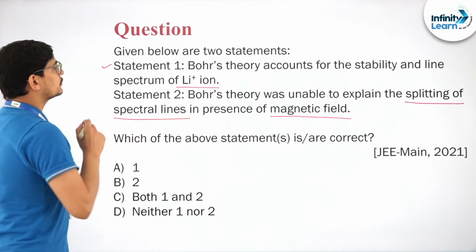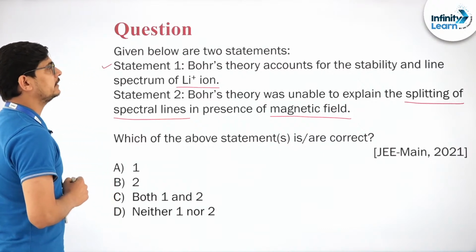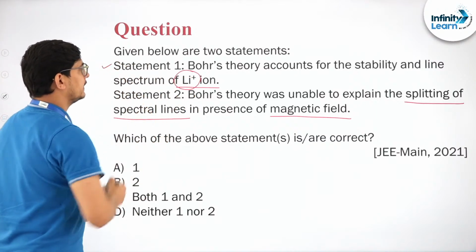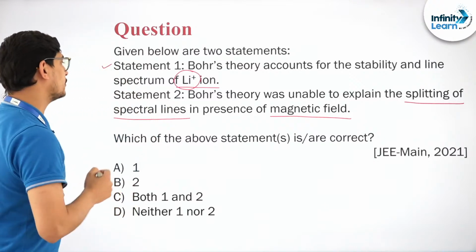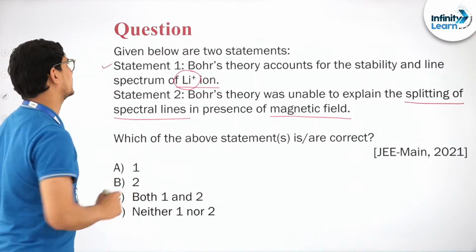Okay, so let us see the first statement. Bohr's theory accounts for the stability and line spectrum of Li plus ion. Is there anything wrong in this statement? Yes, there is. We know that Bohr's atomic model is actually applicable to 1 electron species.